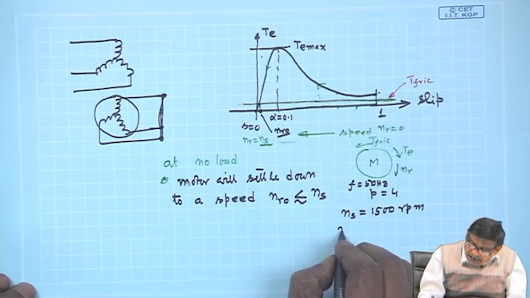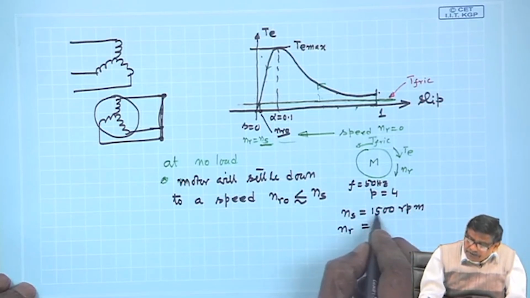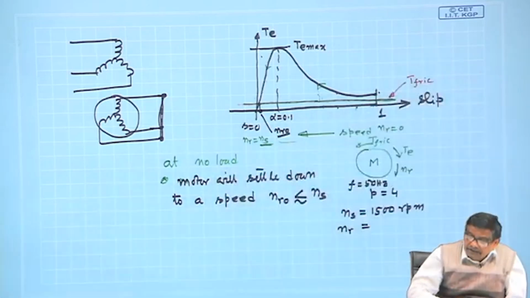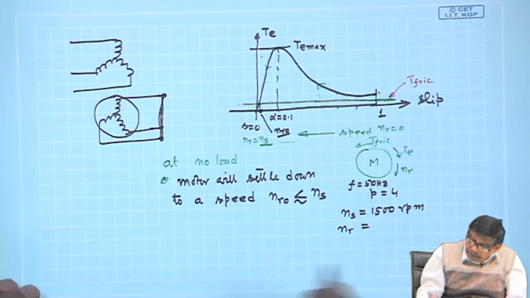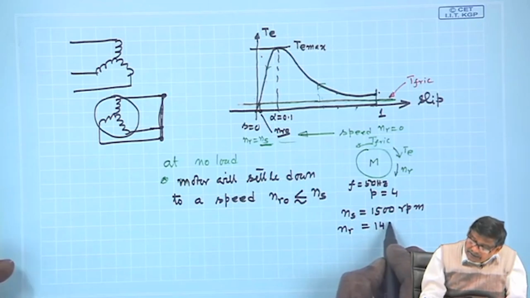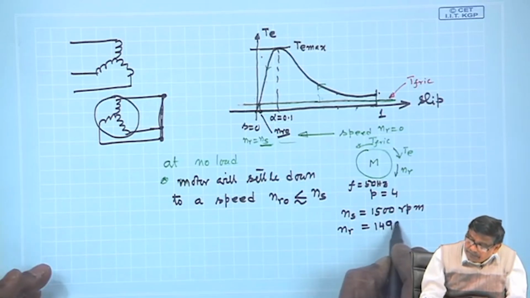Then what I am telling, NR will be very close to 1500, depending upon, of course, how much the frictional torque is, which is very little. Whoever has designed the machine, bearing that in mind, must have taken that into account, and NR may be say 1490 rpm.